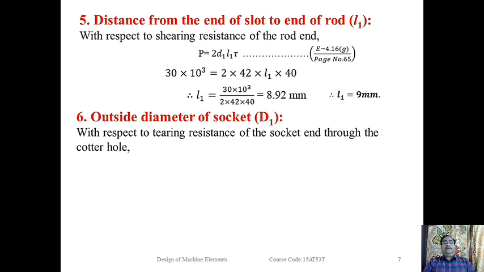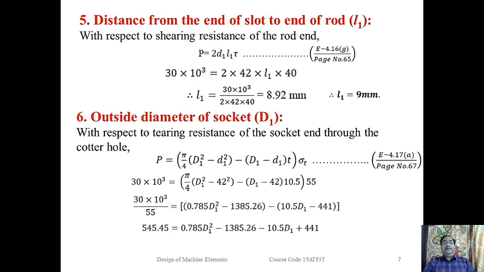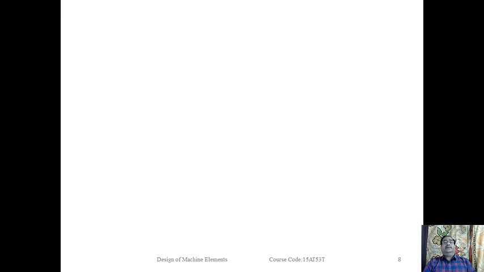And here the sixth step, that is outside diameter of socket, capital D1. So here by using the equation 4.17A, which is on page number 67, and by substituting the values of P, D1, T and sigma T, the equation comes 0.785 D1 square minus 10.5 capital D1 minus 944.26 minus 545.45 is equal to 0.